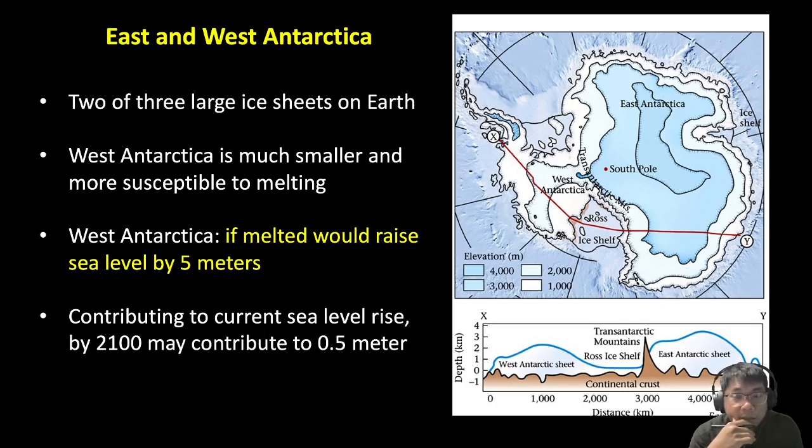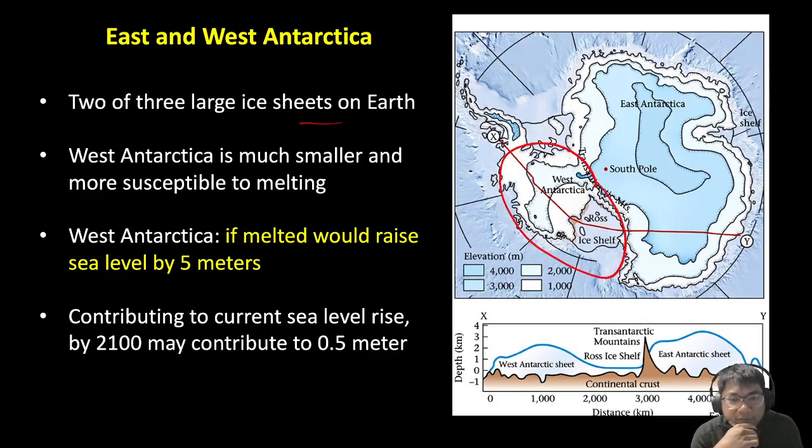This is what happened in East and West Antarctica, for example. Antarctica has the largest glaciers that we have on Earth. Two of the three large ice sheets on Earth are present here in Antarctica. West Antarctica is much smaller and more susceptible to melting, and it is over here in the western part.